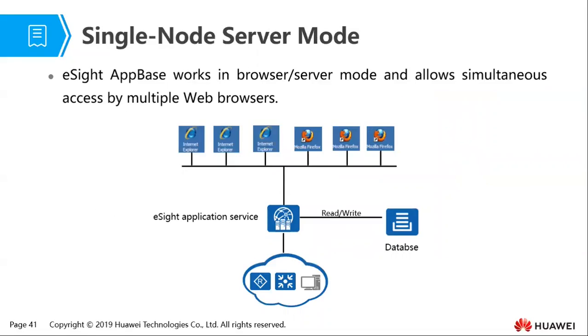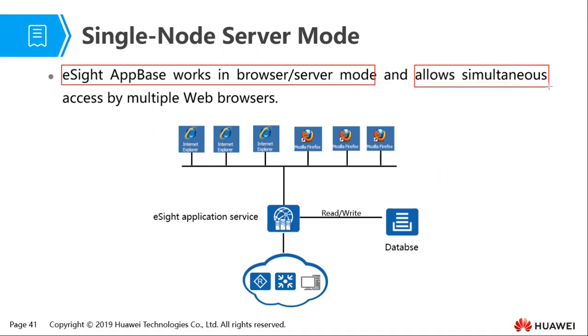So with the single node, the eSight app base works in a browser server mode and allows simultaneous access by multiple web browsers. So you have your eSight server here, you have your network management systems.